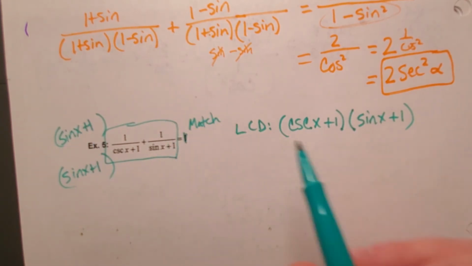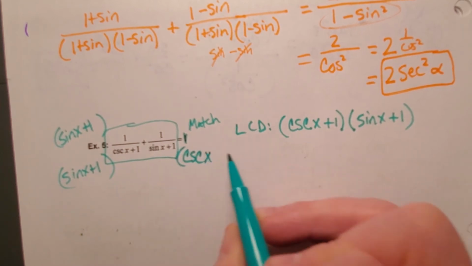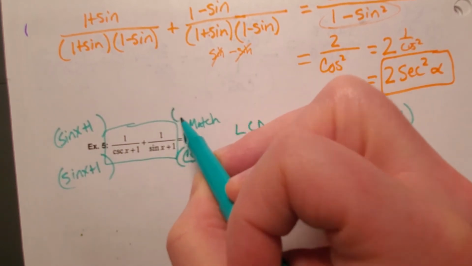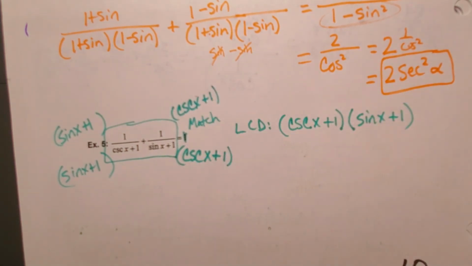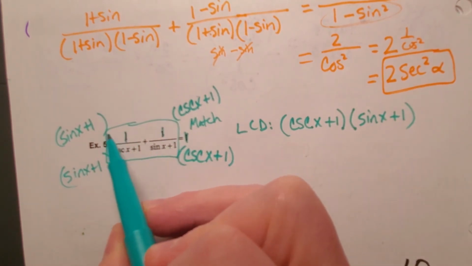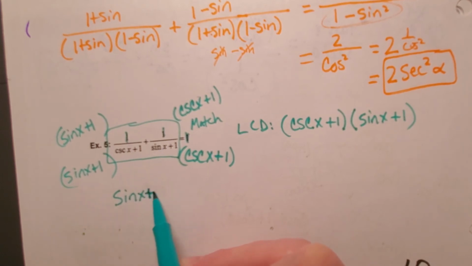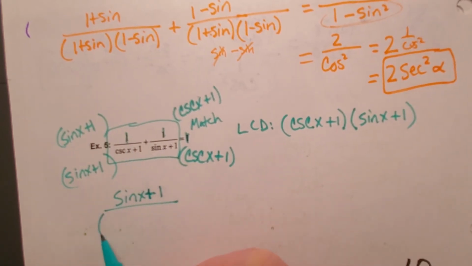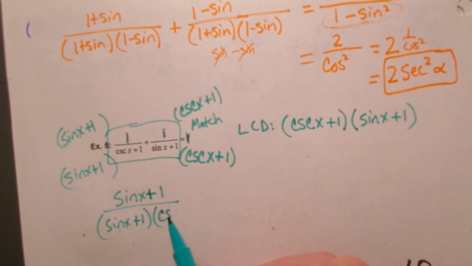On the right-hand side, I have to multiply by what's missing: cosecant x plus 1. Again, they made it really nice. They put 1s on the top. So 1 times that is going to give me sine x plus 1 plus 1. On the bottom, sine x plus 1, cosecant x plus 1.